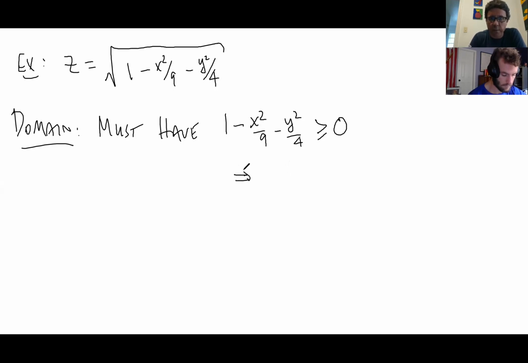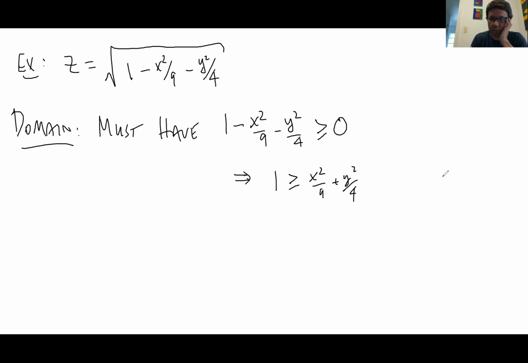So what that means, just by moving the x and y over, is that x squared over 9 plus y squared over 4 has to be less than or equal to 1. So you have to plug in numbers x and y that make this work out. And you can just try some points in here.